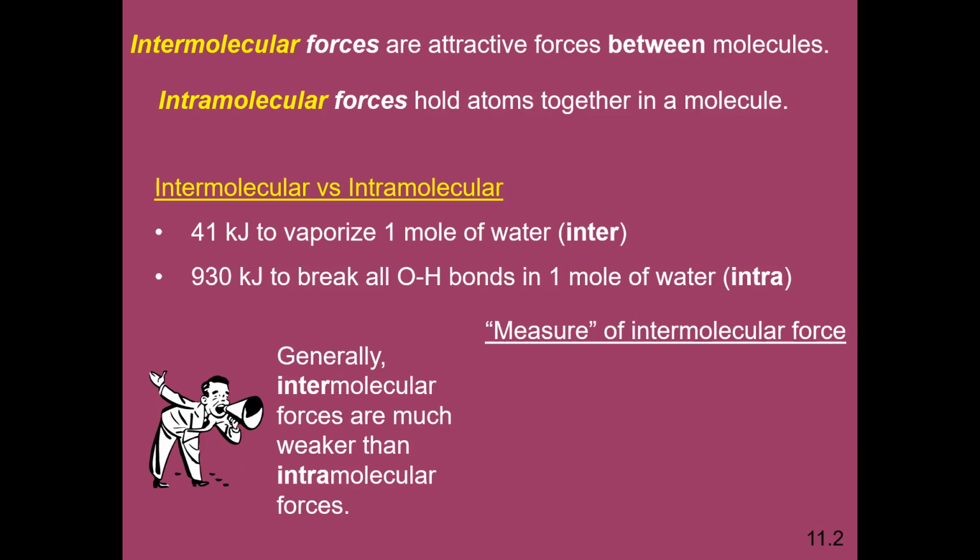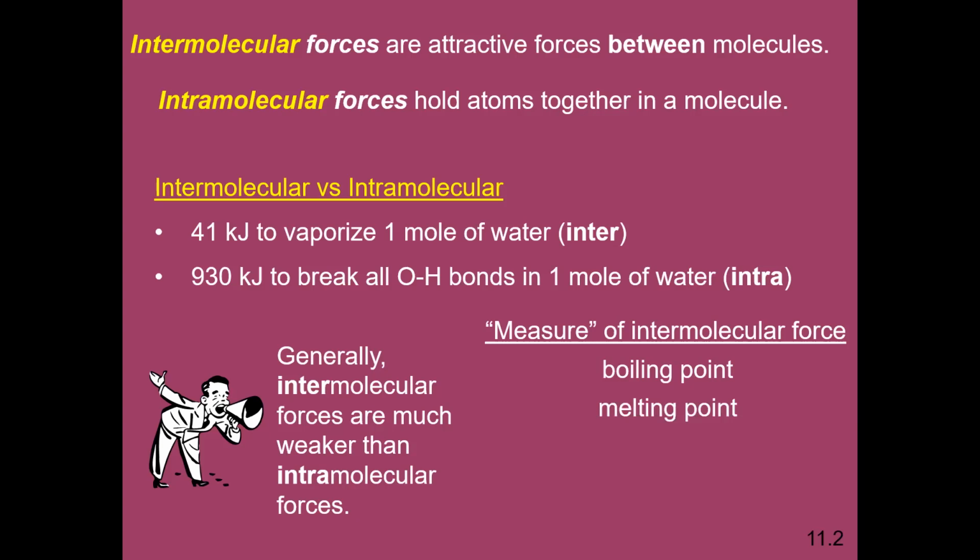So how do we measure them? Well, we need to measure something that tells us how attracted they are to each other. For example, boiling point. If the boiling point is high, obviously they're more attracted to each other, because it takes a lot more energy to break the intermolecular forces and become more loose, like a gas in this case, from a liquid to a gas.